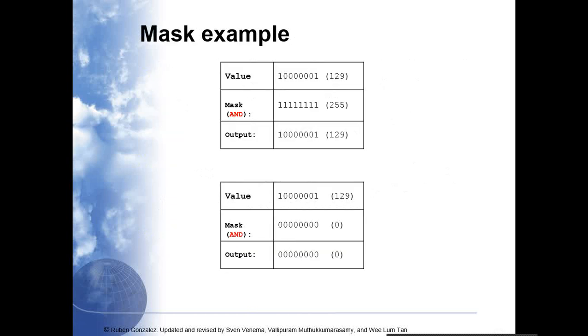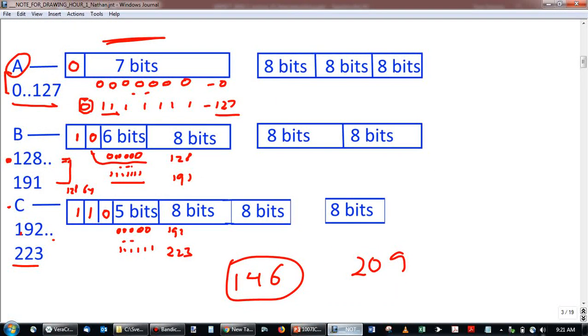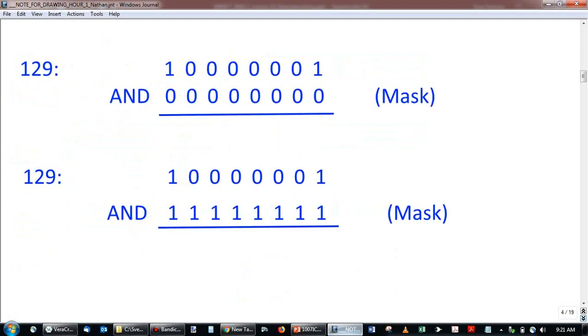So there's a mask example. Again, I'm just going to draw this one. I think it's a lot easier just to talk about masks simply, I guess. So here, if we look at the mask, if these are all zeros and I AND these together, what am I going to get? 1 and 0 is 0. So wherever there's a 0 with an AND, the answer is 0.